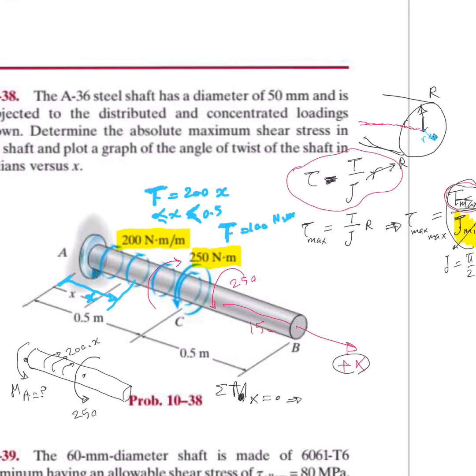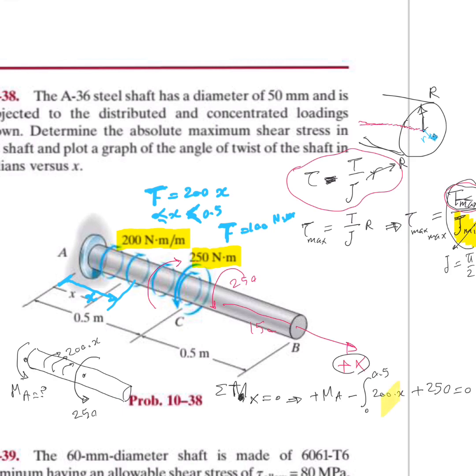Then I have to say MA, negative, the summation of all this 200X from 0 to 0.5, plus 250 is equal to 0. So what happened here?